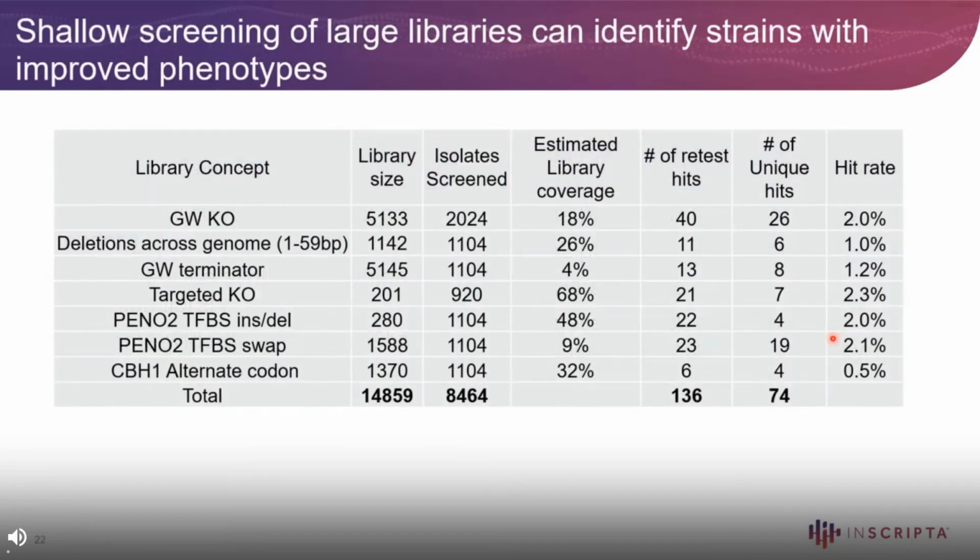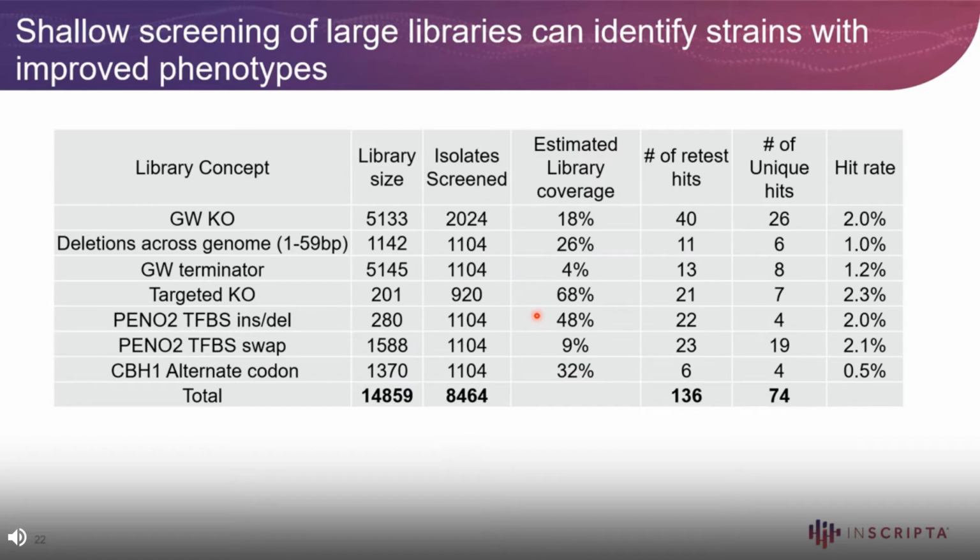Okay, so to give you a feel for the size of these libraries and the number of isolates screened, there were 7 total libraries that were built, about 15,000 different edits designed within those libraries. And I screened about 8,500 isolates. I'm also showing the estimated library coverage from these different concepts. So this is really based on lots of different factors.